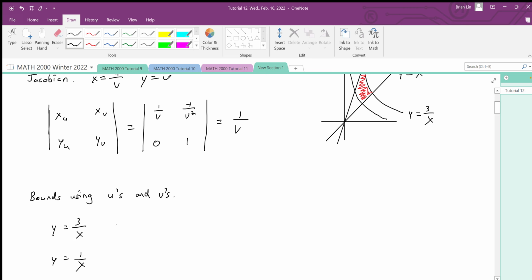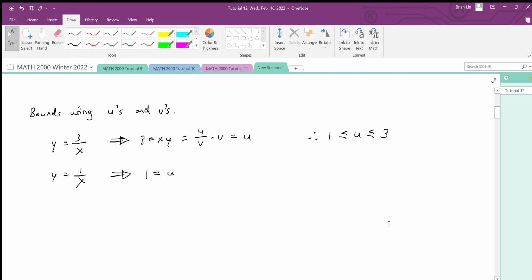These two are solved similarly. So that's 3 is equal to xy, x was equal to u over v, y was equal to v, so that's just u. And in the same manner, this is just going to be 1 equals u. So therefore we know that the u values go from 1 to 3. So those are the bounds for u.